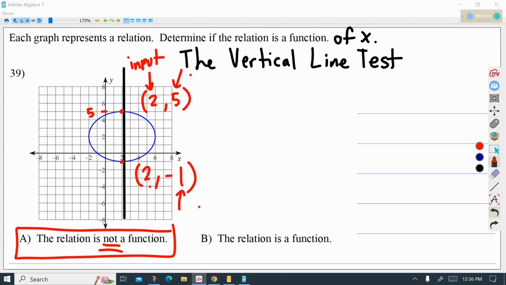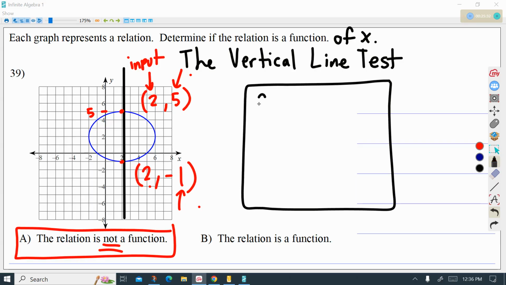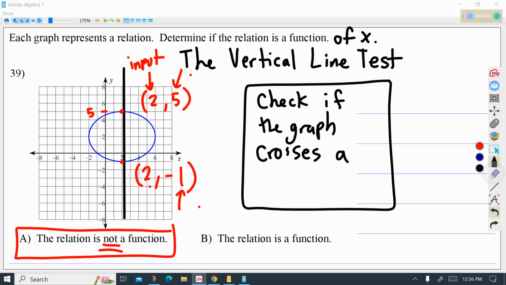The only way a graph passes the vertical line test is if we never find a place where it crosses in two places. So the vertical line test means: check if the graph crosses a vertical line more than once.